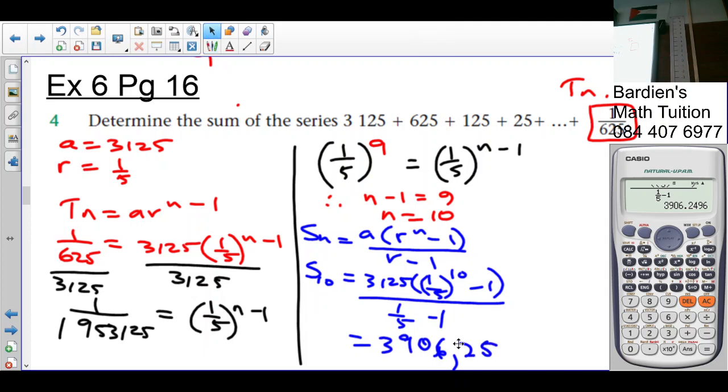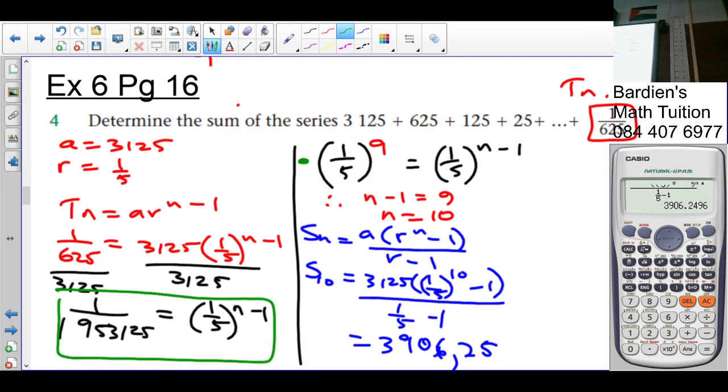Who asked this question? Where did you go wrong? I divided 1 over 5 into 9 by 1 over 5. So you divided at which point? Here. Okay, I made a mistake here. So you got this answer here, then what you did, you divided by 1 over 5 to the minus 1.